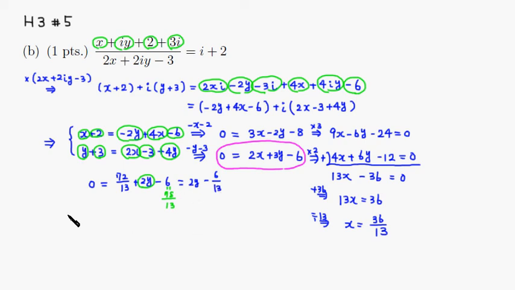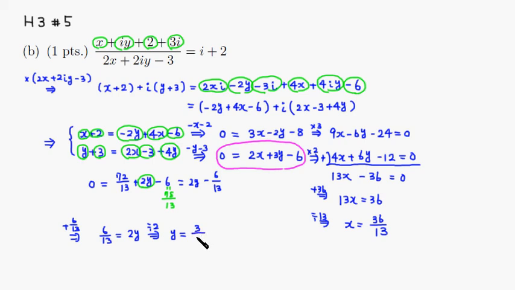We can add 6 over 13 to both sides, so 6 over 13 is equal to 3y. Then we can divide through by 3 to get y equals 2 over 13.